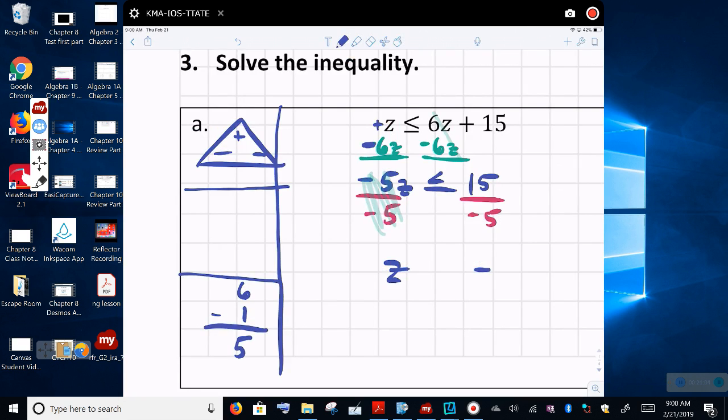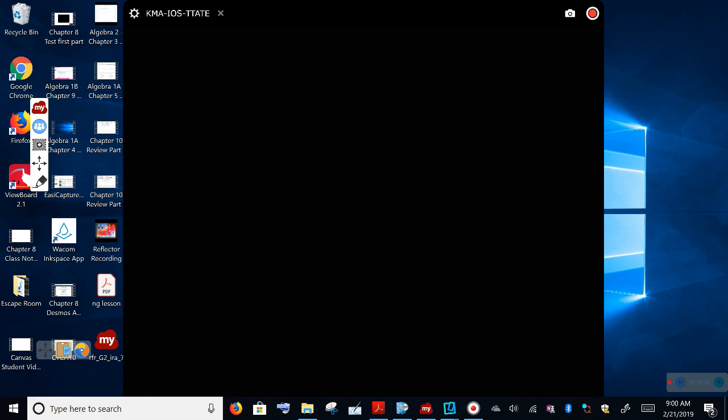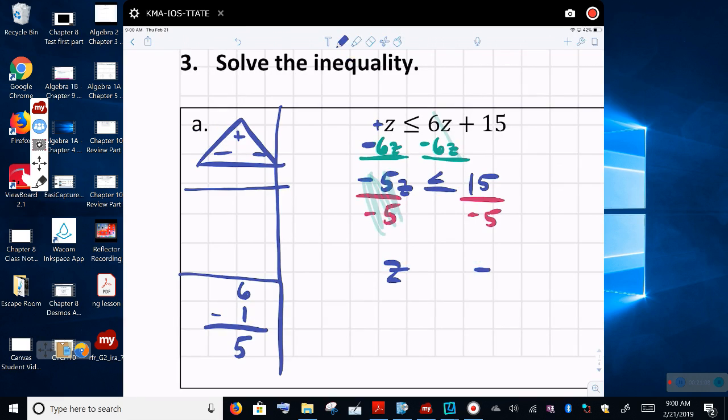And then a good thing happens to a good person, a positive, and so on. So this will be negative. 15 divided by 5 is 5. Why do I have to flip this side? I divided by a negative number. Okay, so that's my answer.